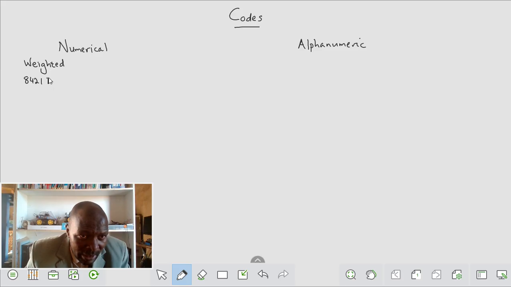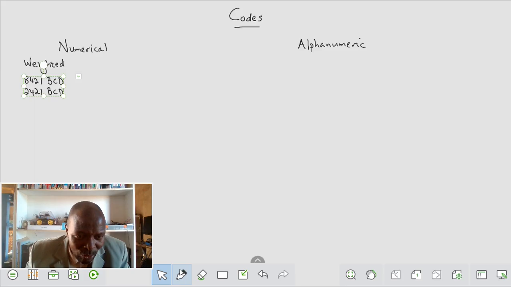There is the 2421 BCD. I don't know why I skipped a few codes that we've looked at already. Binary is a code, but unfortunately it can only cater for two things, 0 and 1, the on and off.